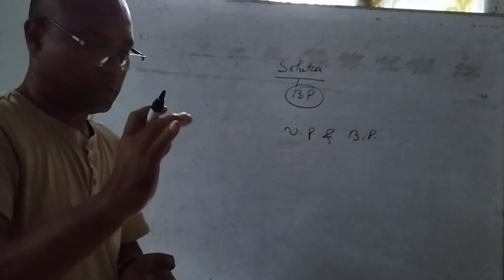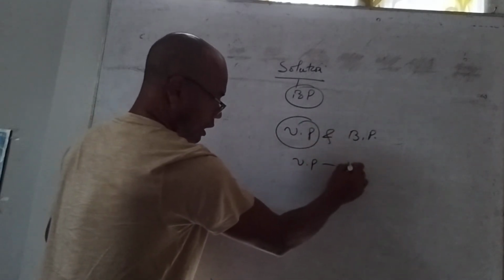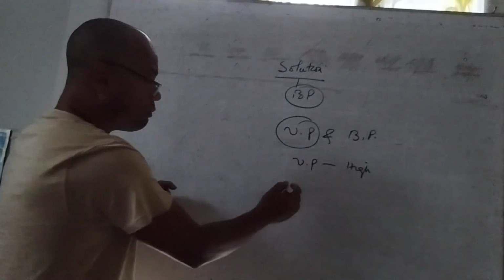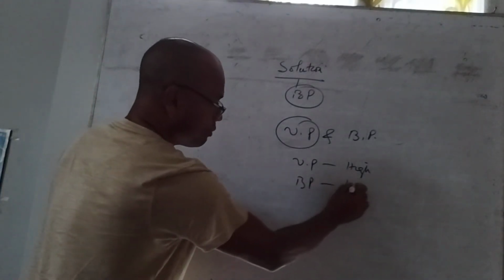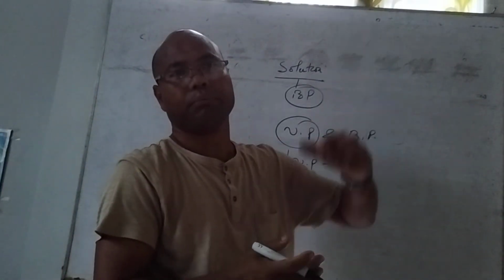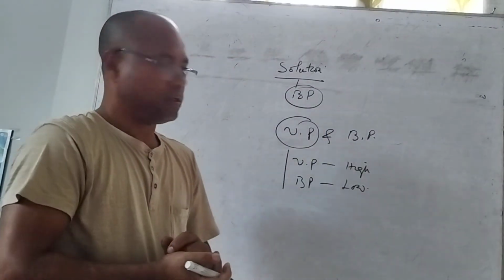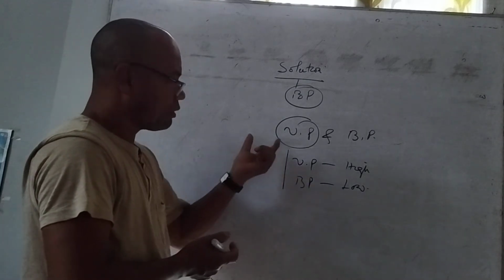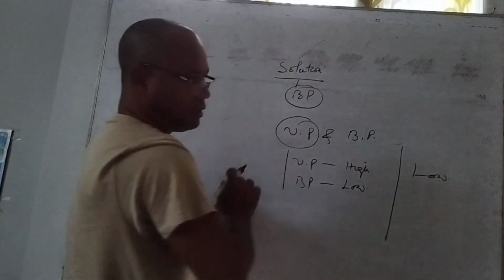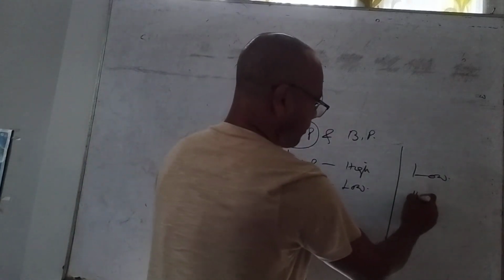Remember, the higher the vapor pressure of the liquid, the lower the boiling point. Those liquids having a high vapor pressure boil at low temperature. Those liquids having a low vapor pressure should have a very high boiling point.